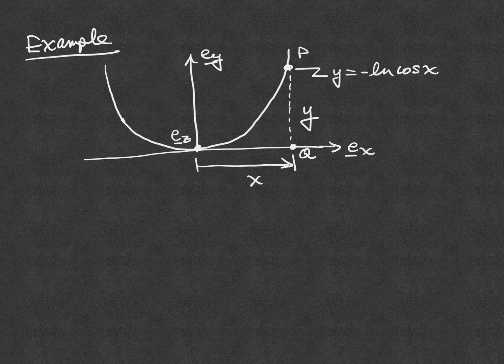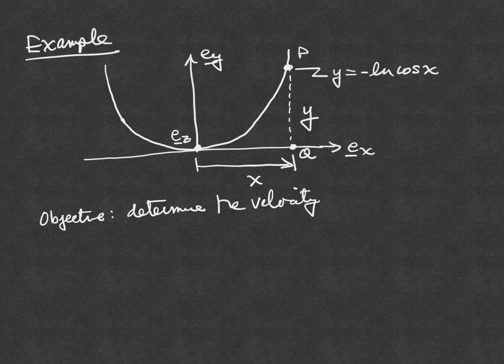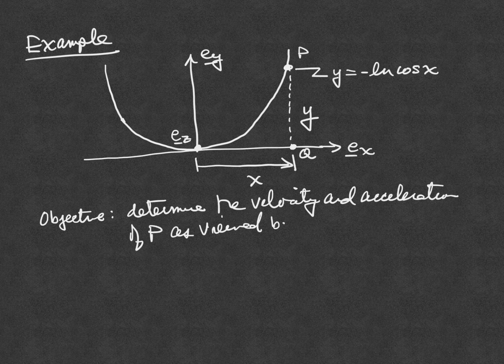So again, the objective is to determine the velocity and acceleration of P as viewed by an observer fixed to the track.